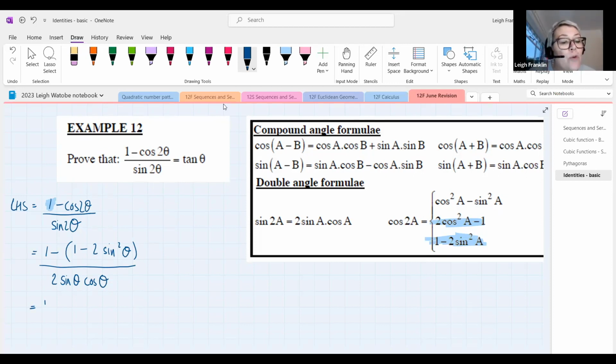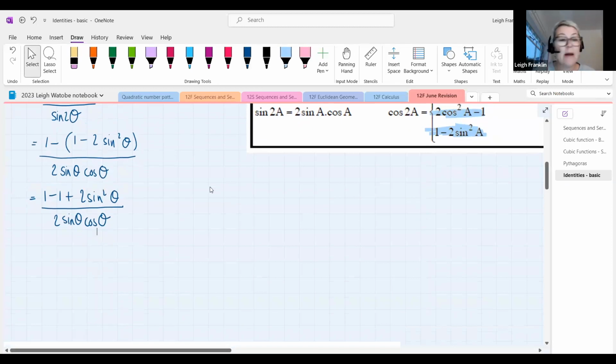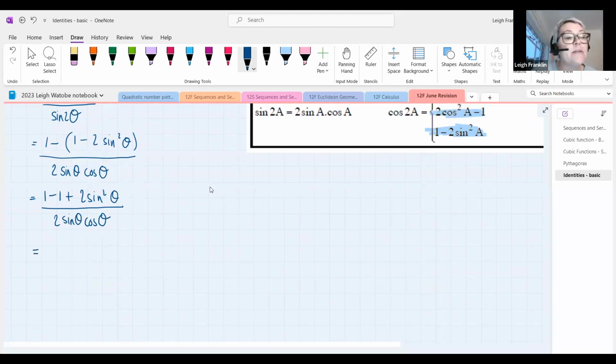All right, so now we've got 1 minus (1 minus 2 sine squared theta) over 2 sine theta cos theta. At the top, the 1 minus 1, thanks Salma, is going to cancel out.